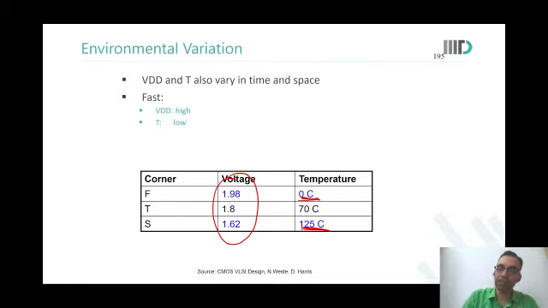However, if on the other hand you are operating at, let us say, 0.8, 0.72, and 0.64, then what happens? At 0.8, you will have faster operation at 125 and slower operation at -40 because temperature inversion has happened.